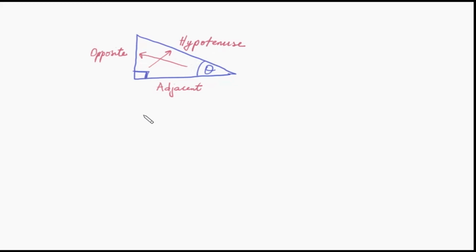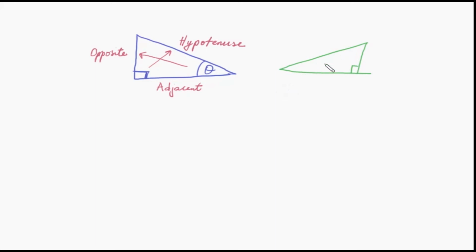Now, let me show you another scenario. God is good all the times. Let's say we have this triangle here, and we are not given any other angle apart from 90 degrees.